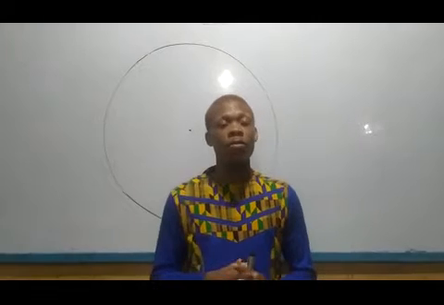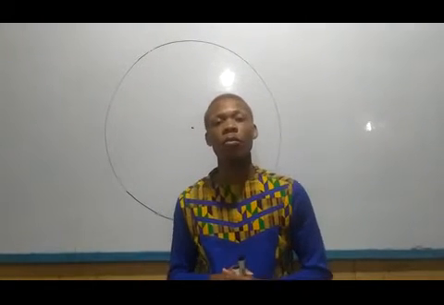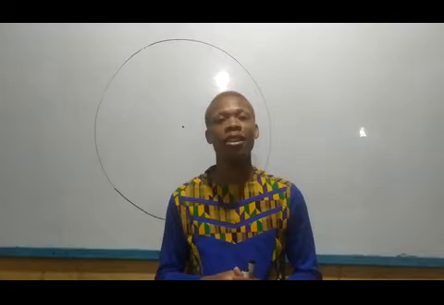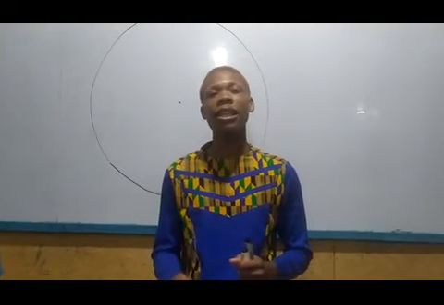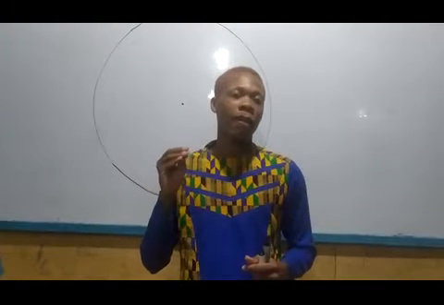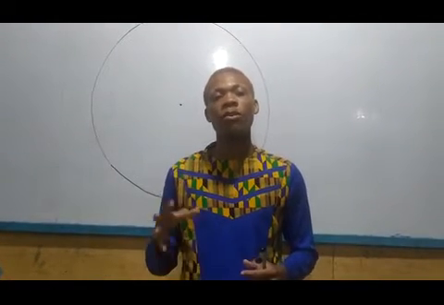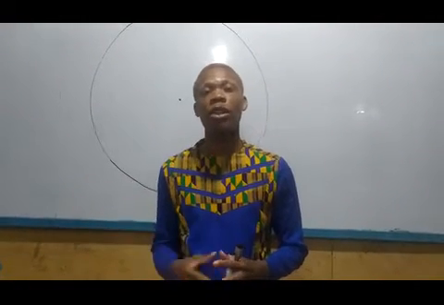The last time during our meeting, we gave the definition for a circle, and we said a circle is a locus which is equidistant from a fixed point called the center of the circle.